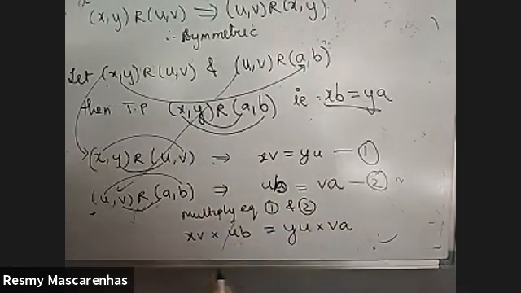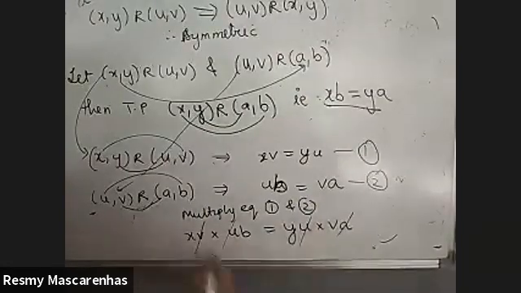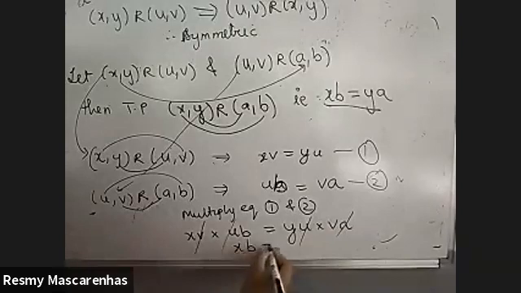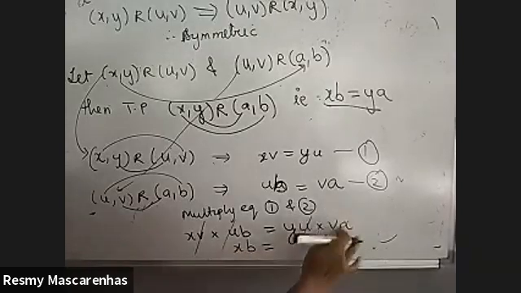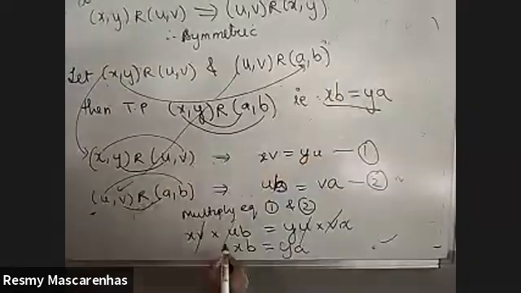Now cancel whatever is getting cancelled. u and u will cancel, v and v will cancel. And what you get is xb is equal to ya, which is nothing but what you had to prove.